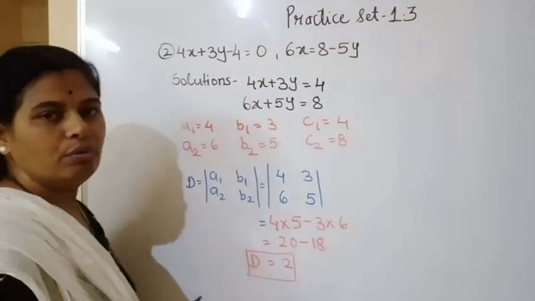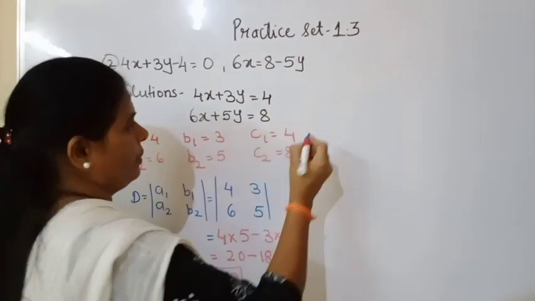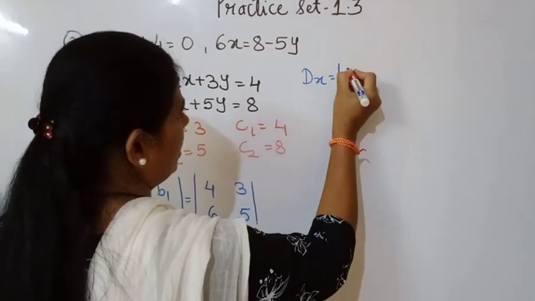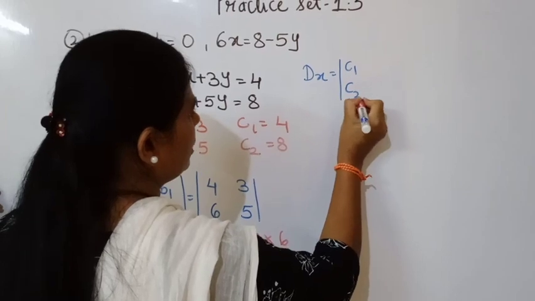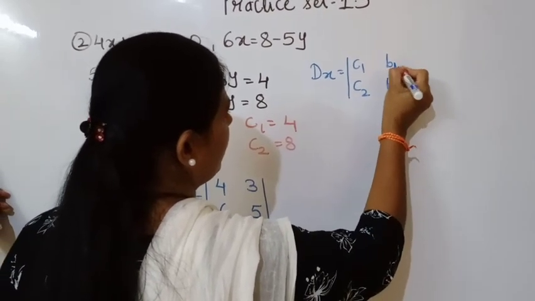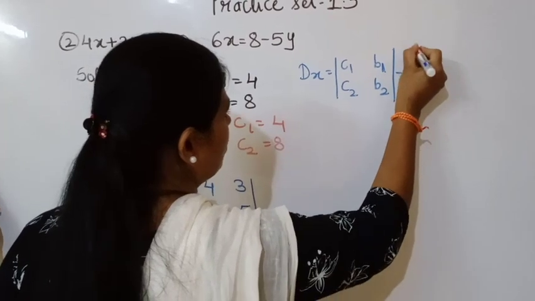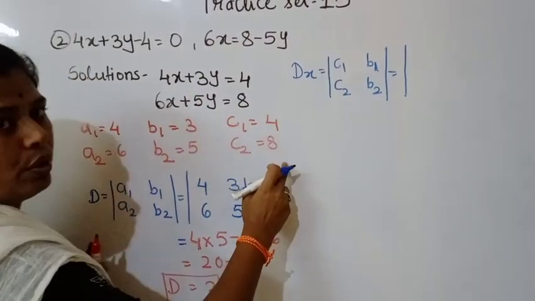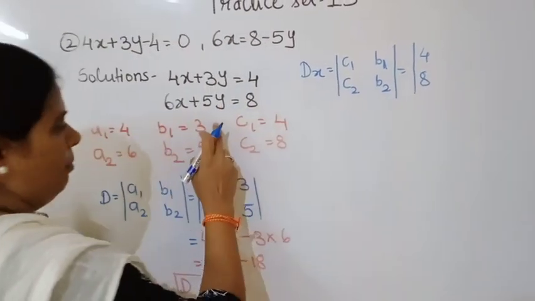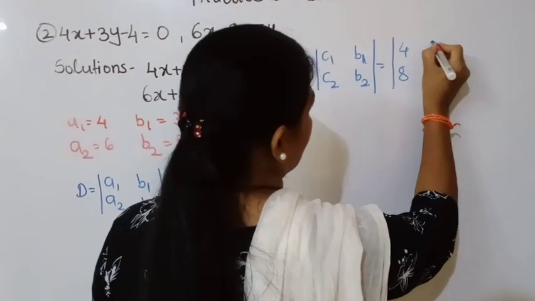Now we'll find dx. The formula is c1, c2 and b1, b2. We'll substitute the values. c1, c2 is 4 and 8, and b1, b2 is 3, 5.